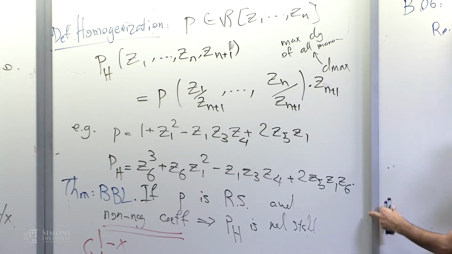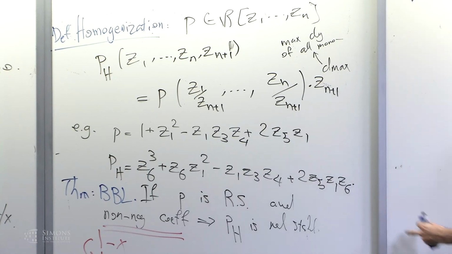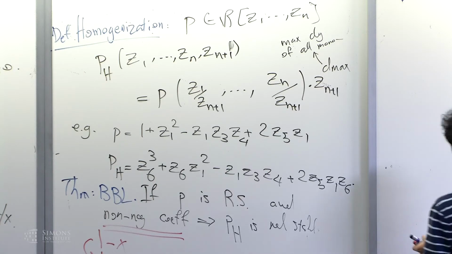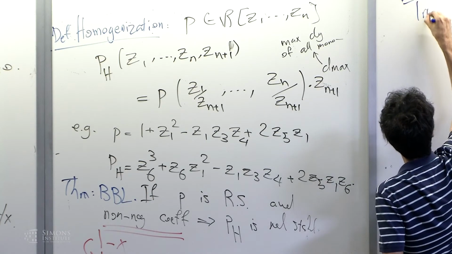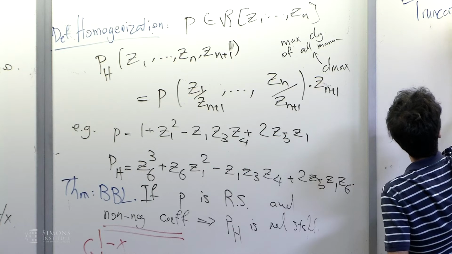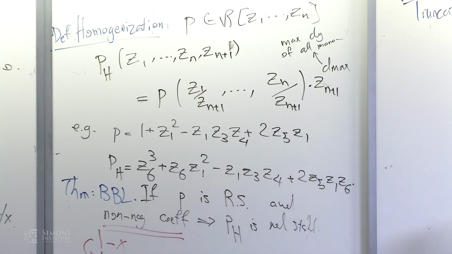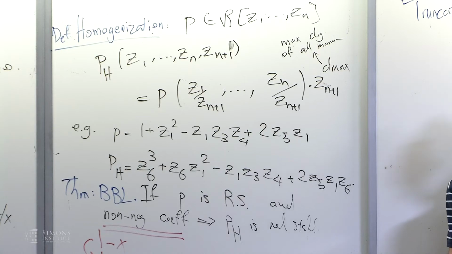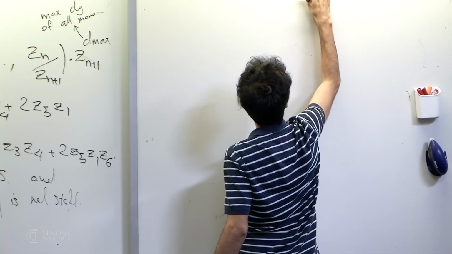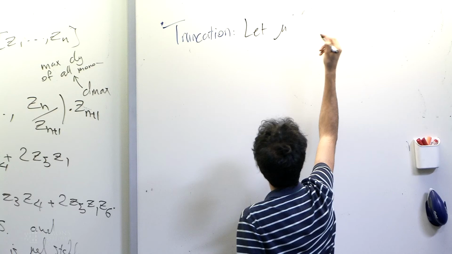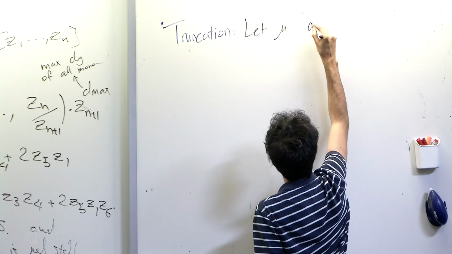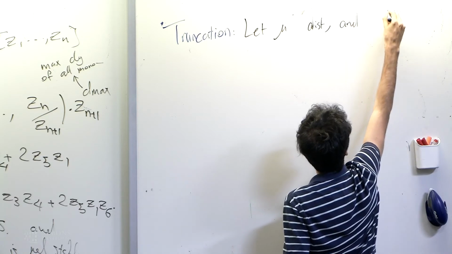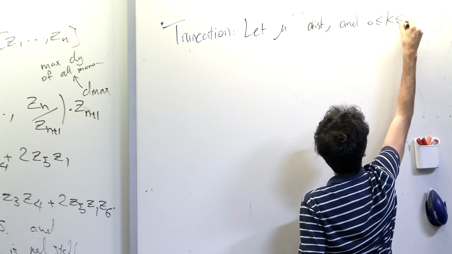So I want to state another closure operation of these strong Rayleigh distributions. It's called truncation. So again, let mu be a distribution, and k be between 0 and n.